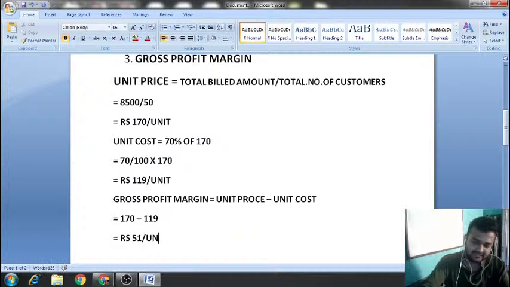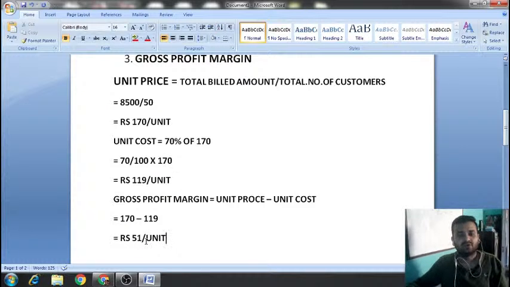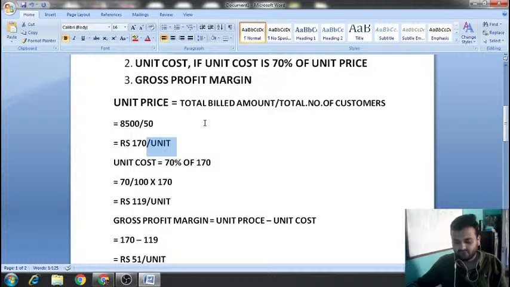Don't forget to mention this word per unit. See, I am always mentioning this word per unit. Okay, don't forget to mention this word per unit.